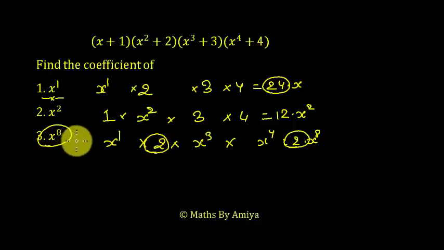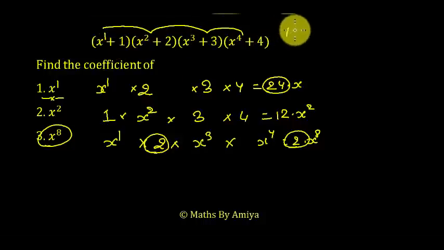Now check the concept behind x8, the aim of this concept video. We want x8. If we add all the powers of x, that is 1, 2, 3, 4, the total summation is nothing but 10. So the maximum power of x would be 10. The meaning of x10 is that if we take x from all four brackets, the power of x would be x10.